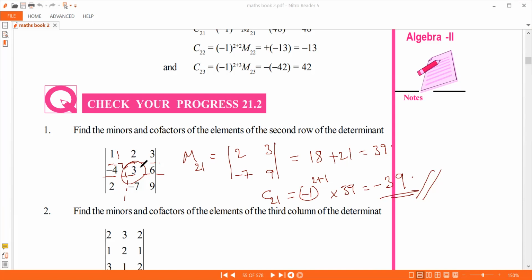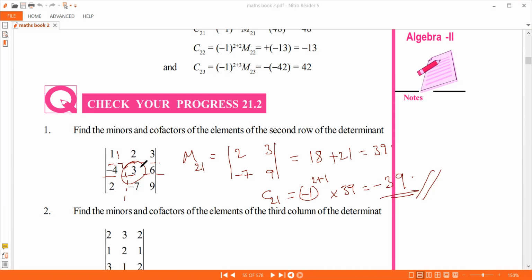3 is in the second row, second column. So it is M22.